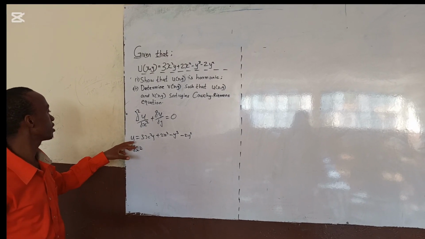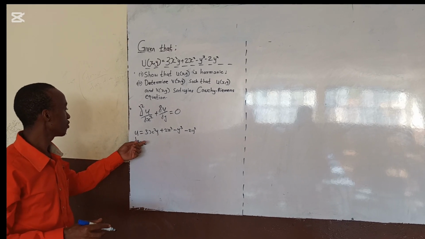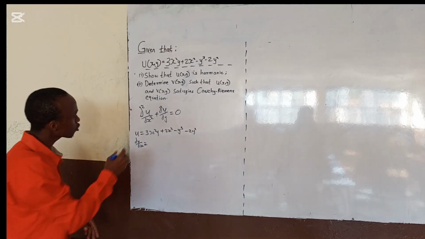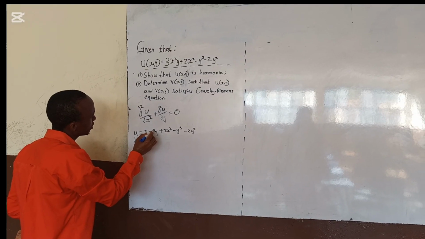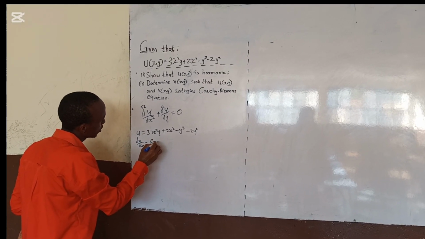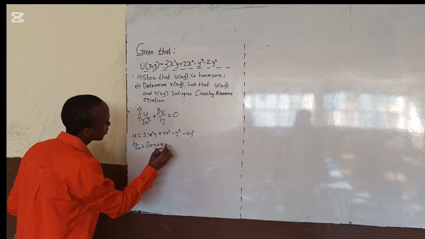Now, du/dx: if we differentiate 3x squared y with respect to x, we get 6xy plus 4x.